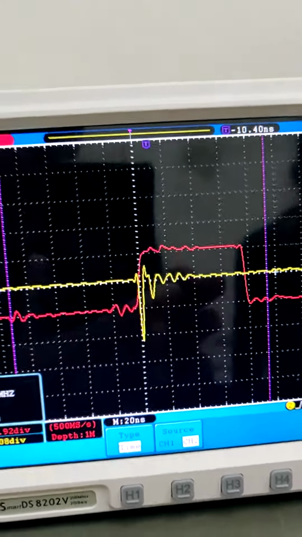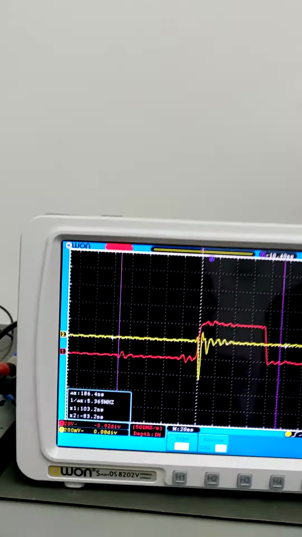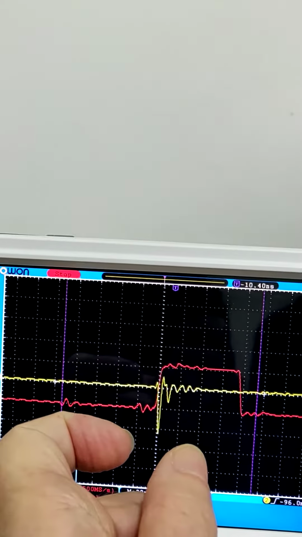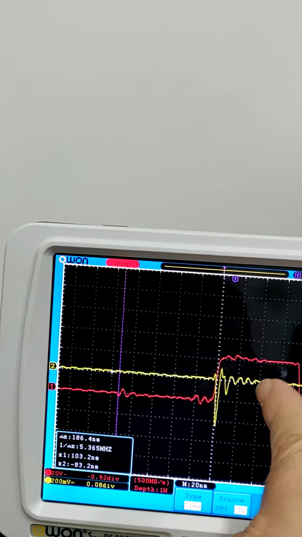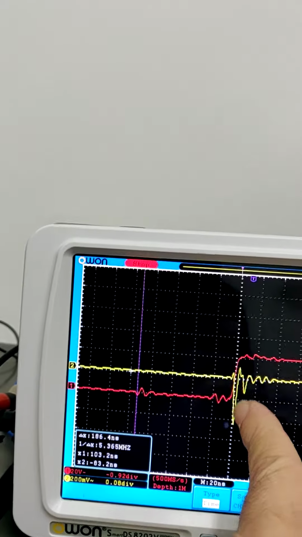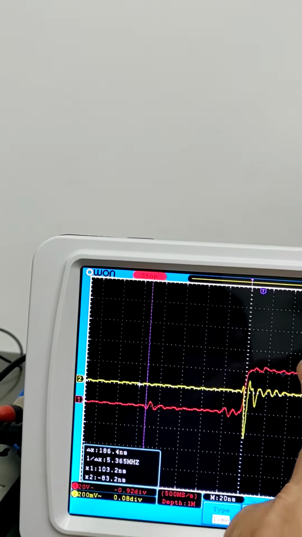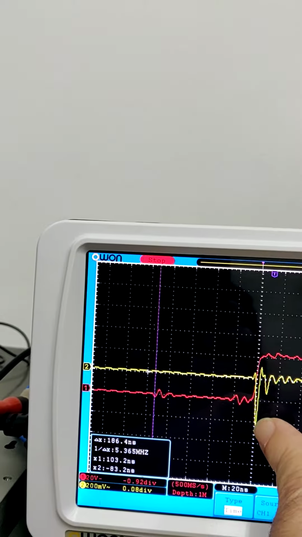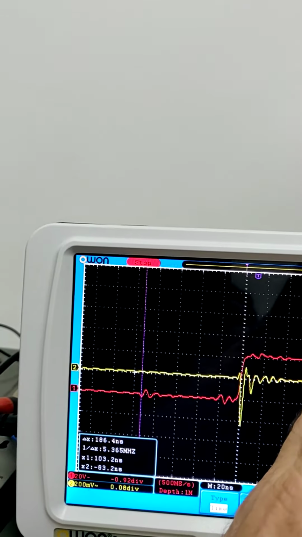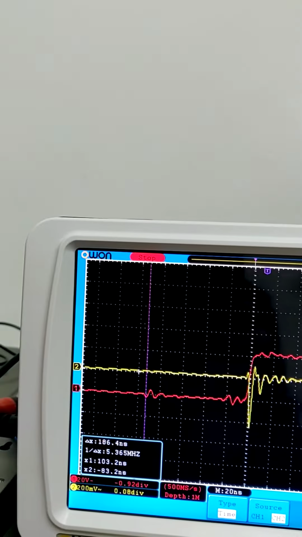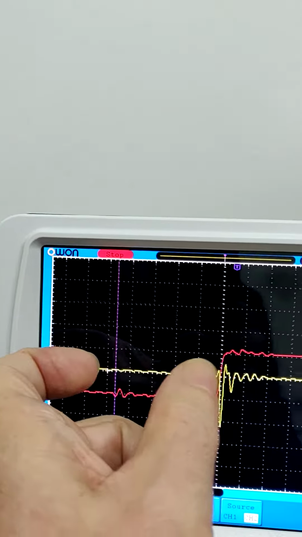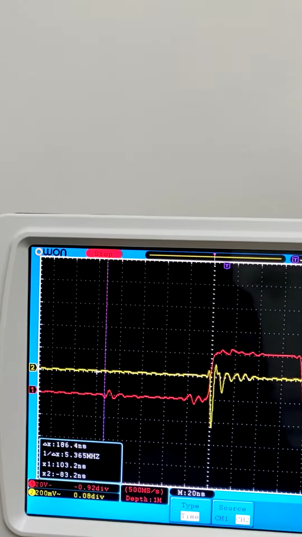Now what we will do is, in a minute we will add this fiber, this 15 meter fiber, and what will happen is that the red line, which is the trigger, as compared to the pulse which is here, will be offset such that the red will go to the left and the yellow right, and there will be an offset created between them.